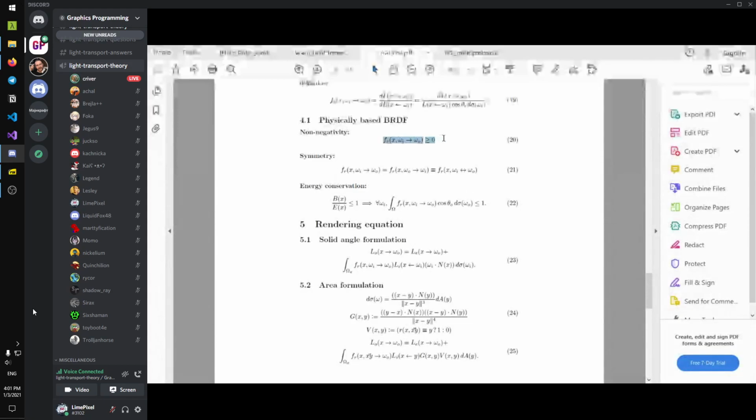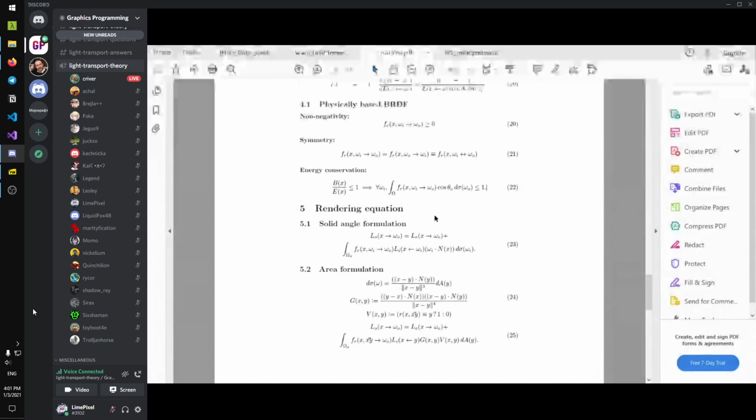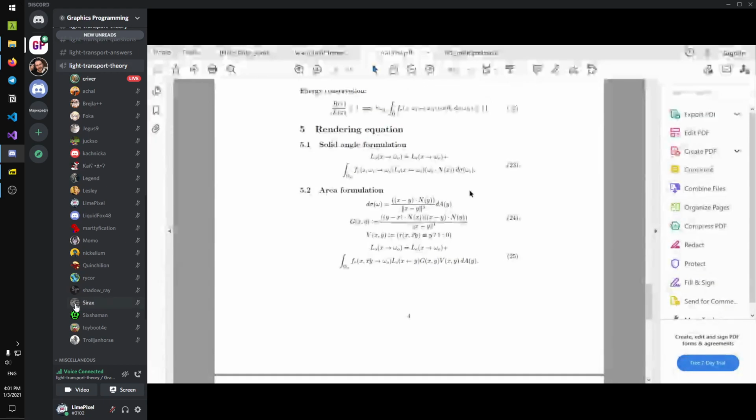So your BRDF may be infinity, but the energy conservation is not your BRDF itself being smaller or equal than 1. It's really this expression here. Questions on that? I guess not. Okay, then we'll continue to the rendering equation.